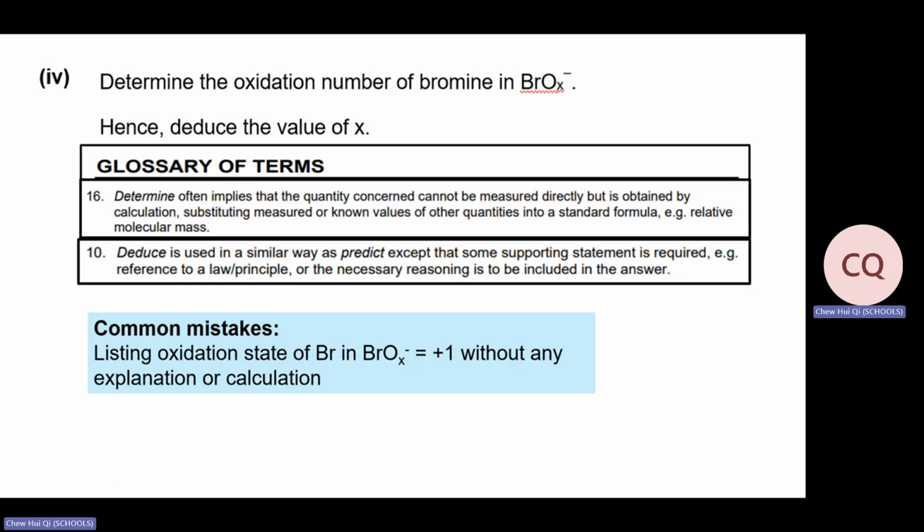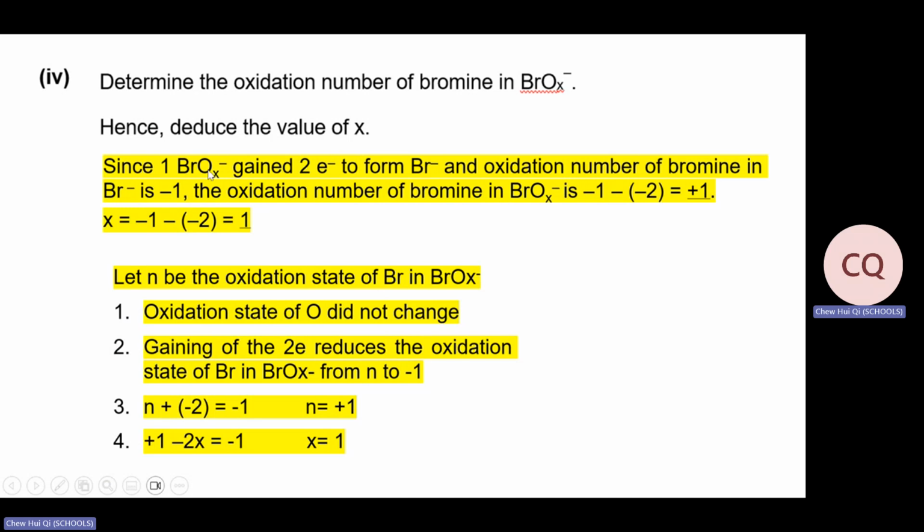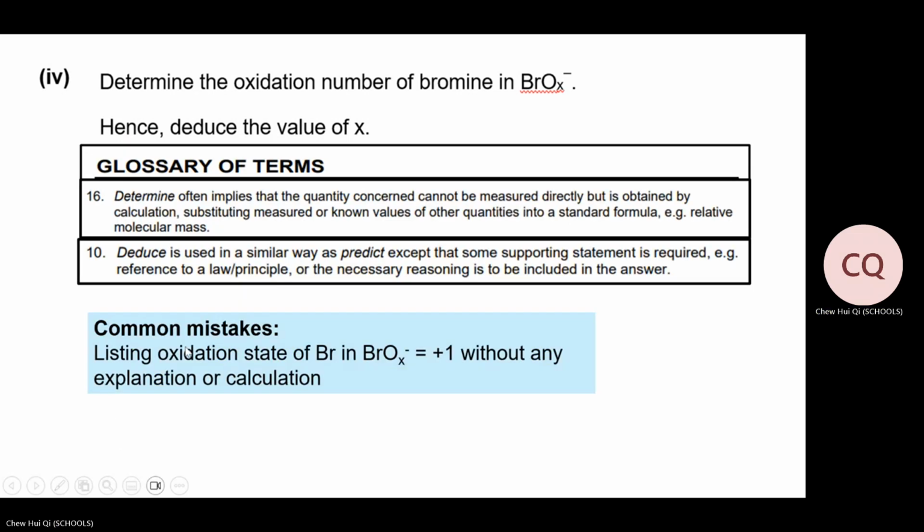At the very least, you need to tell me this sentence, that BrOx minus gains 2 electrons to form Br minus, so that I can make out how you actually arrived at the oxidation state of Br. Next, deduce the value. Then you can state the value. I hope this is clear. Let's move on.